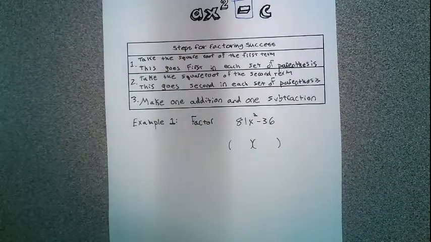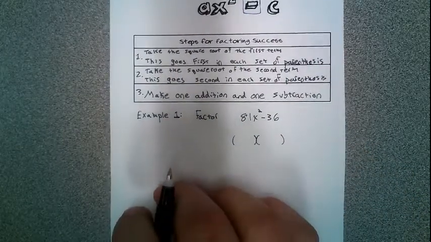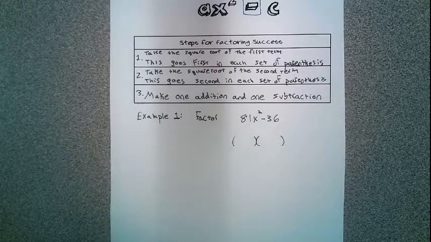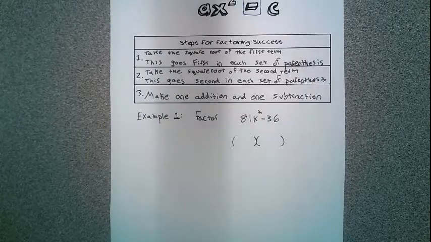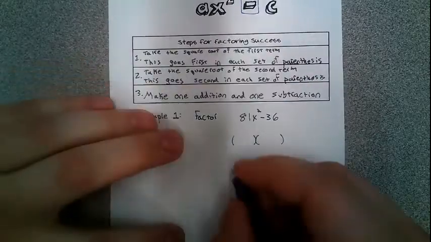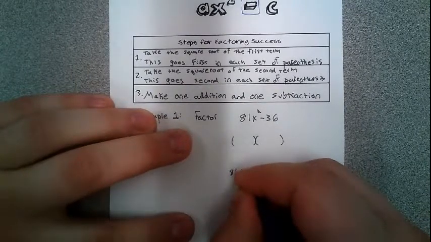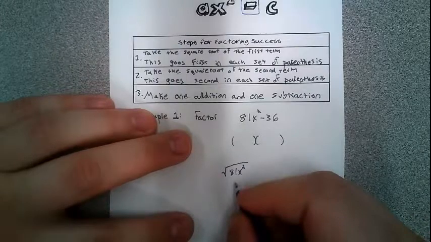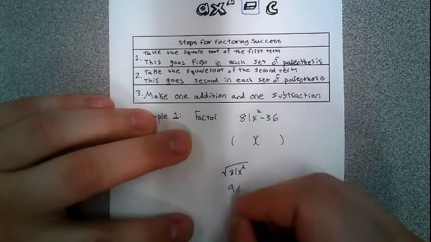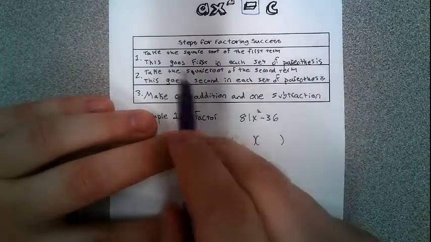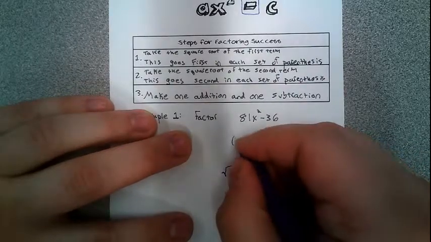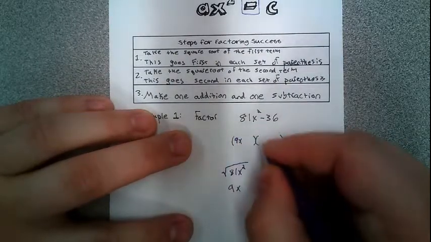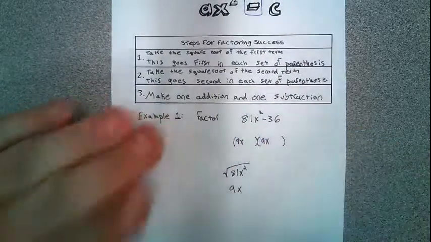Okay. And now let's take a look at step 1. Step 1 says take the square root of the first term. So I have 81x squared. And if I take the square root of that, I get 9x. That number is going to go first in each of the parentheses. So 9x, 9x.